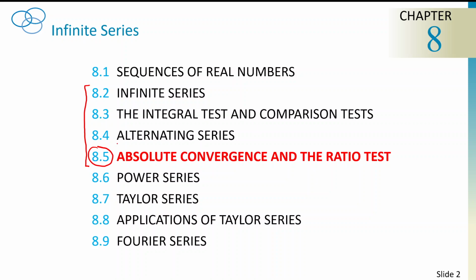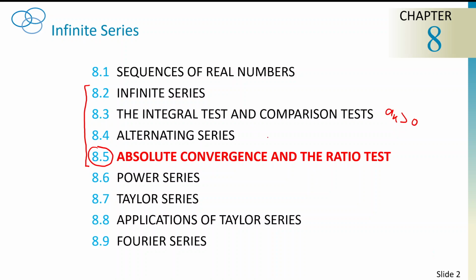Now, if we think back about all the tests that we covered before, I need you to think again about the integral test, the comparison test, and the limit comparison test. With all of these tests, there was always one condition. If you go back to them, you'll always see a condition that a_k, the terms of the sequence, should be positive terms.